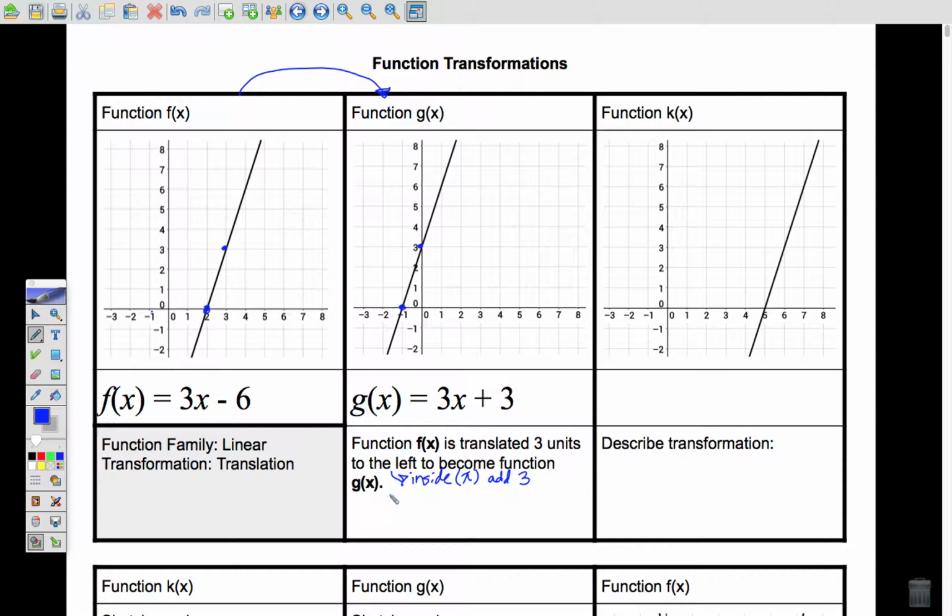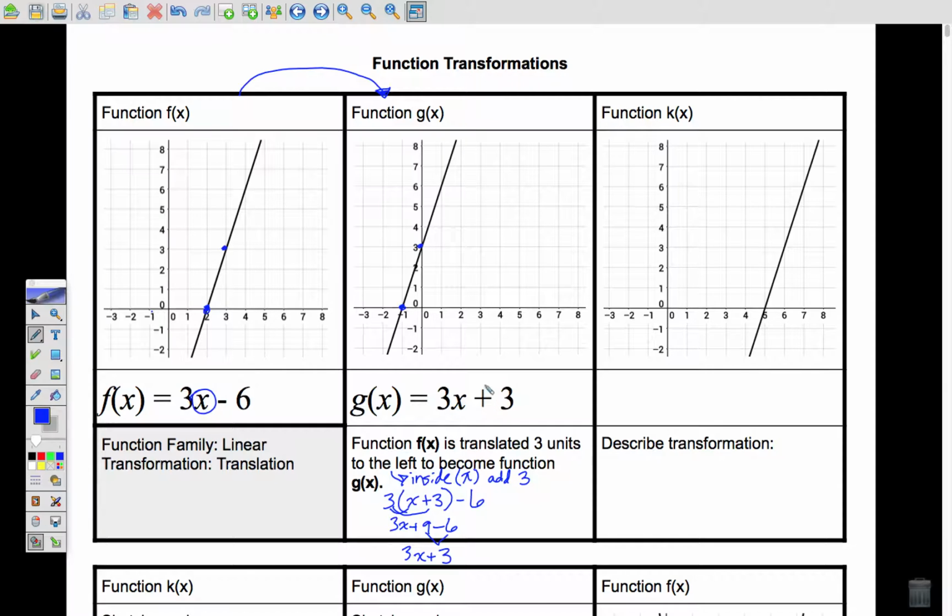So if I take this equation and I take that x and I add 3, and then I have the rest of my equation, so that'd be minus 6. So I took this equation right here and I took x and I added 3 inside parentheses first. It should create this equation. So if I simplify this and distribute, I get 3x plus 9 and then minus 6, and if I simplify that, 9 minus 6, I get 3x plus 3. So we can see that that's the equation.